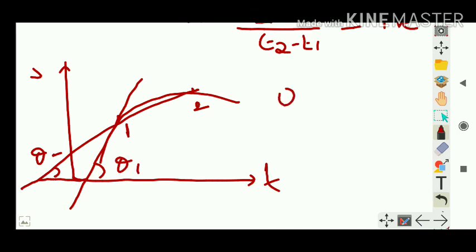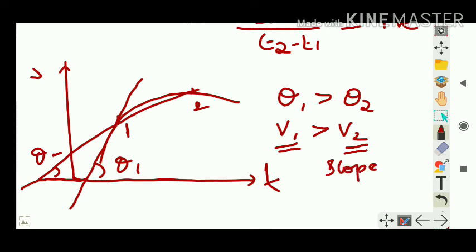So I can say theta 1 is greater than theta 2. When theta 1 is greater than theta 2, that means tan theta 1 is greater than tan theta 2, or I can say v1 is greater than v2. First the velocity was high, then the velocity decreased. From the figure itself, the slope is decreasing. My question is whether the velocity is negative or positive, or acceleration is negative or positive.